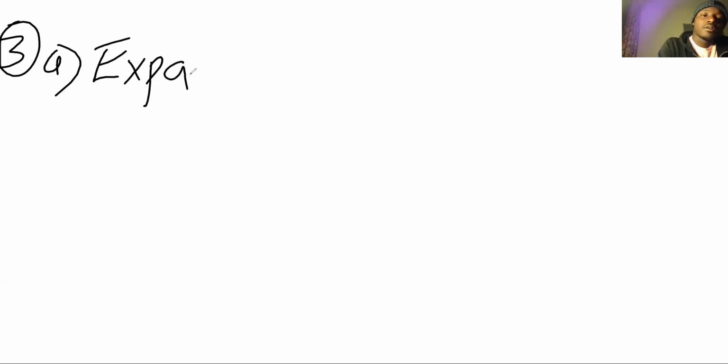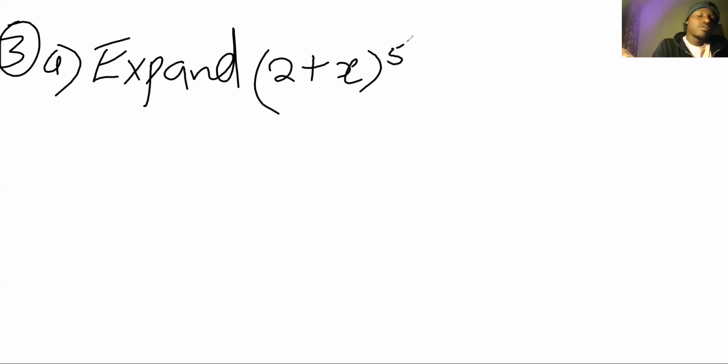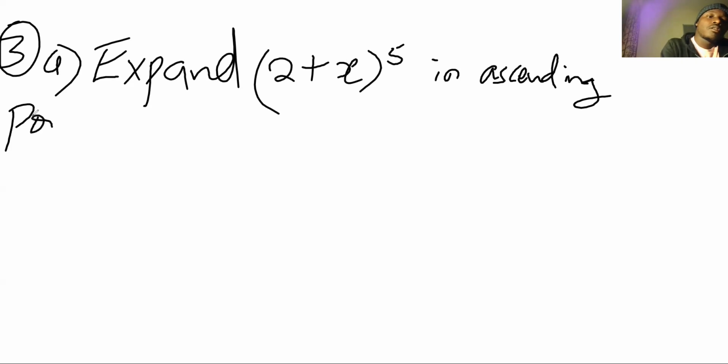Number 3. Let me find a good one. They say this is also set in a different way, but just exactly the same as the first one. Expand (2 + x) to power 5 in ascending powers of x, as they should be, of course.